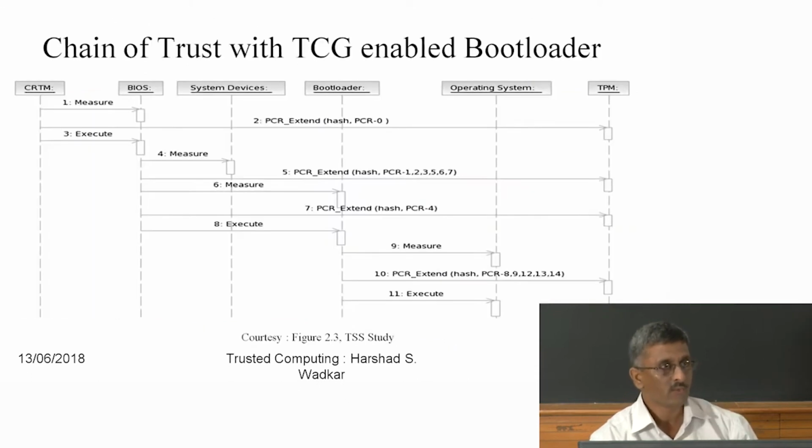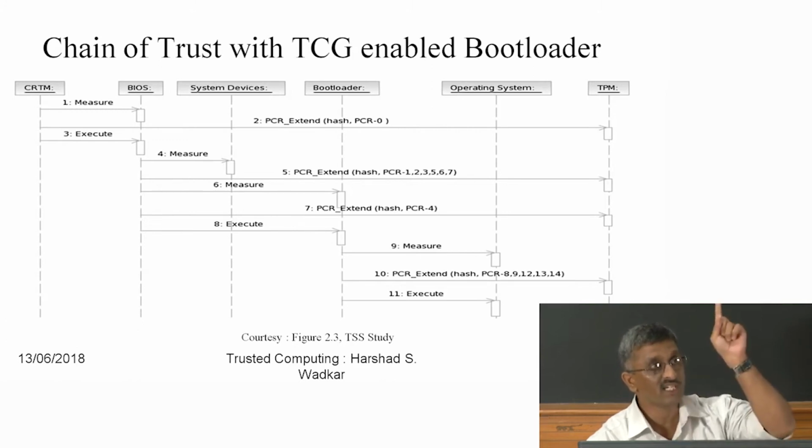Okay? Now how does it actually happen? Whatever steps I have shown you, I am now showing in the form of a sequence diagram. There is a CRTM, it first measures the BIOS, that is, it checks the BIOS setting hash value against the stored hash value. If they are the same, and the CRTM BIOS is correct, then PCR extend will happen. PCR_extend is the command.